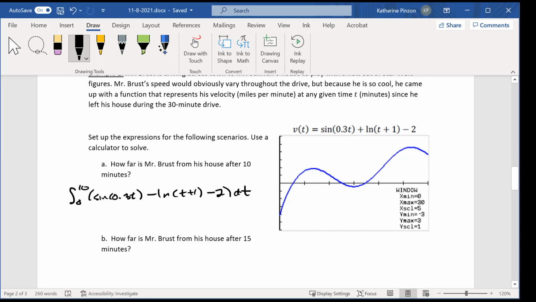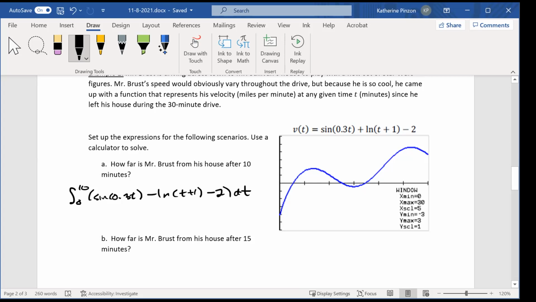So this integral is going to give us a negative plus a positive. He's not going to be very far forward from his house, right? Like maybe he drove backwards towards the grocery store and then the other way, okay? So when we get this integral, it's going to be only a small positive number.